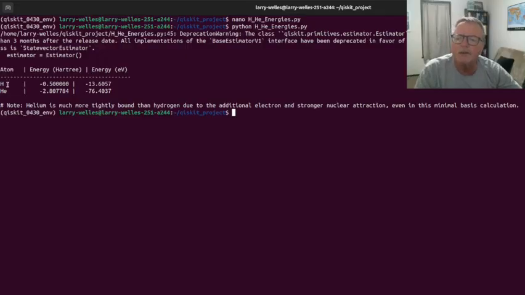Here's hydrogen, and the energy was 13.6 electron volts. That's exactly what we got before. And we have helium, which is, what I want to point out is, look how much larger this number is.